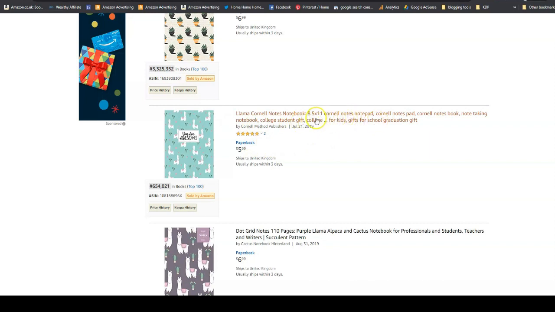But can you see how many keywords they have? Cornell Notes, Notepad, Cornell Notes Pad, Cornell Notes Book, Note-taking Notebook. I don't think Amazon would accept that now. So I don't know. It's irrelevant. It really doesn't make sense to have all these repeated words in your subtitle.